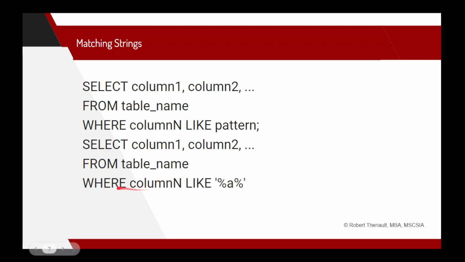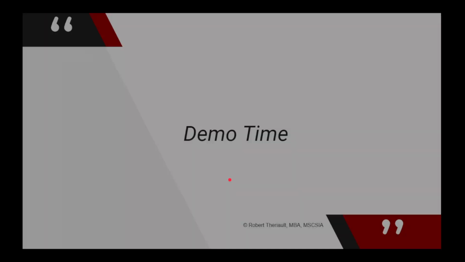Column N LIKE, and this code specifically is saying it contains an A. Anything in column N that contains an A, it's going to return those rows.